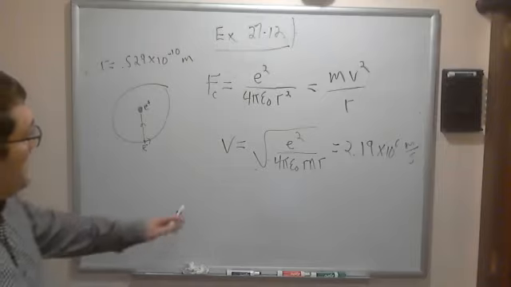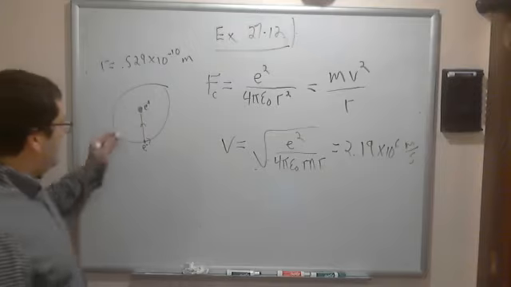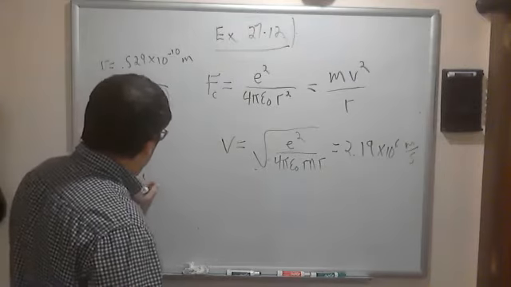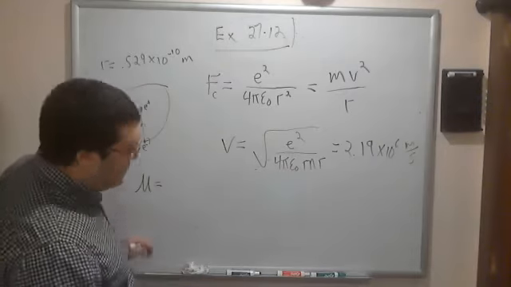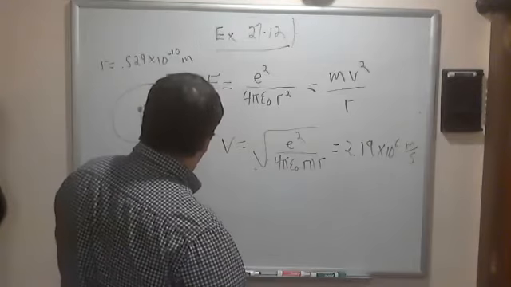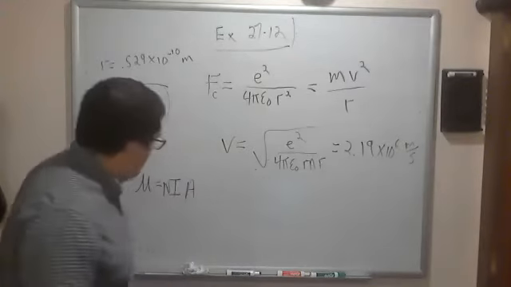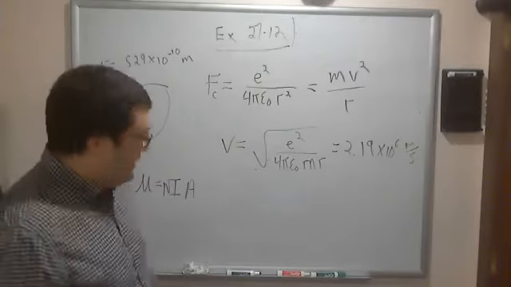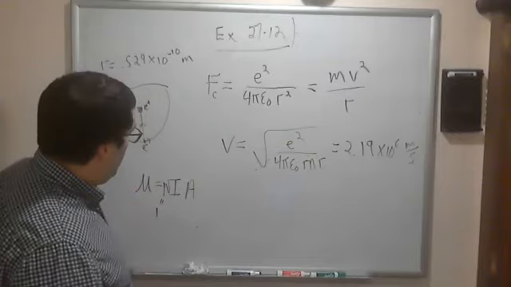All right. Now, what we need to do is we want to find this quantity. We want to find mu, and mu is equal to n times I times the area, right? And then n, of course, is just 1, right?